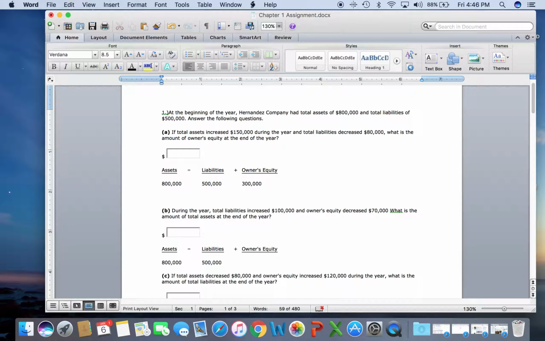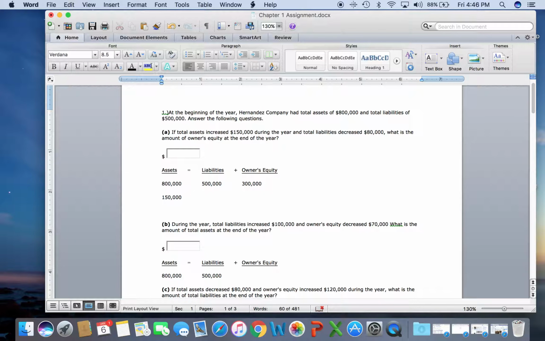Let's take a look at how it's going to work here. Now, the total assets increased to $150,000. So let's add $150,000 here. Now this would make our assets $950,000 because they increased. And it says total liabilities decreased $80,000.